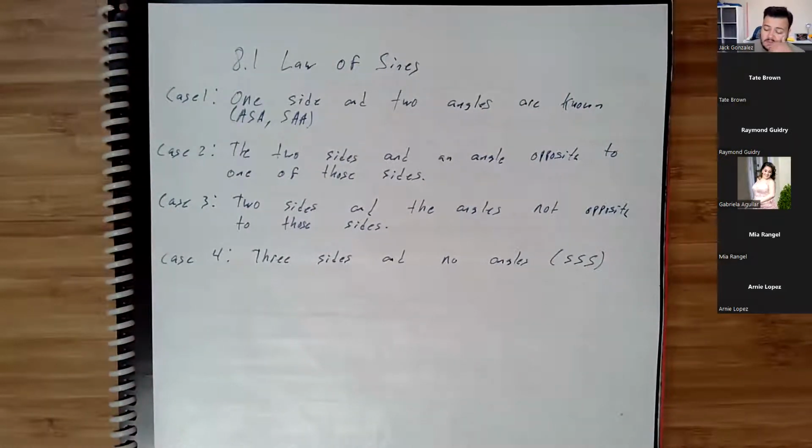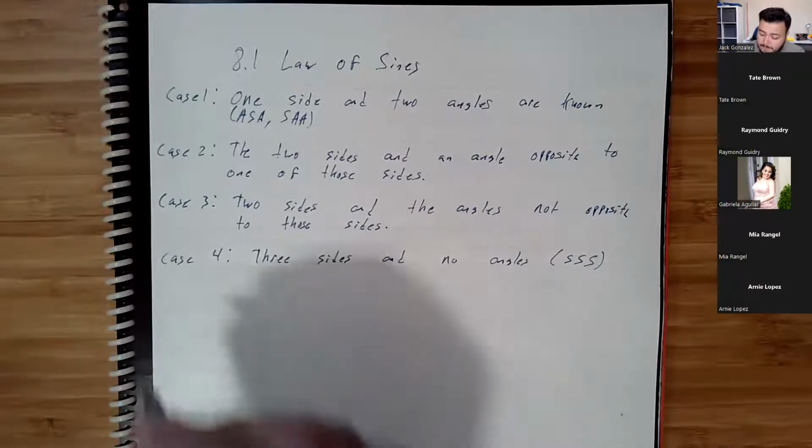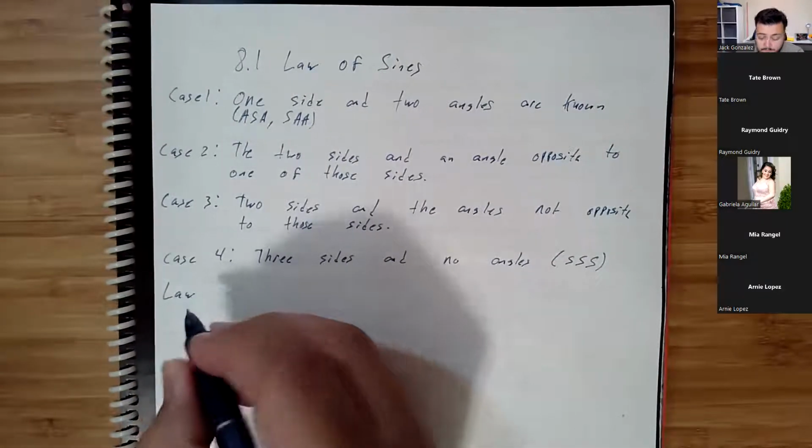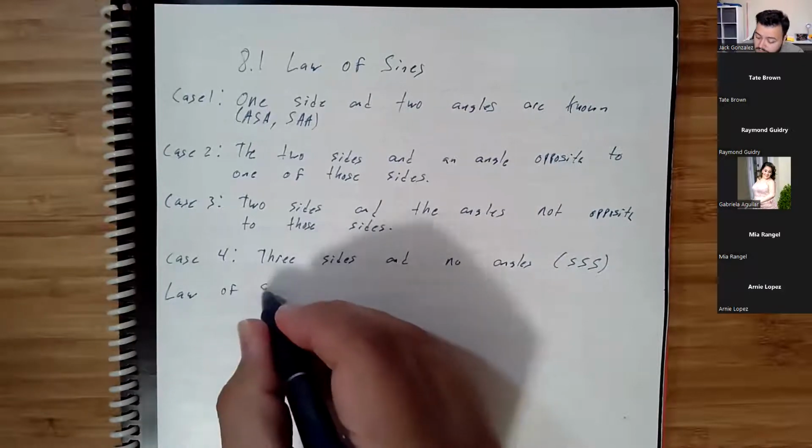Okay, so case one and case two are going to be law of sines. Case three and case four, you have to do law of cosines. But let's start with the law of sines here. The formulas and definitions.